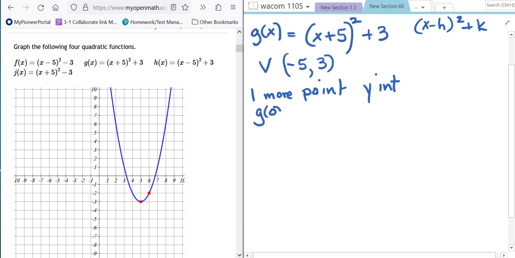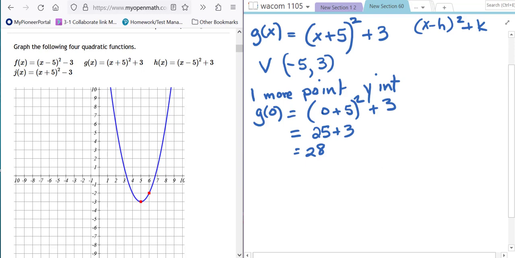So if we do g of 0 is 0 plus 5 squared plus 3, and 5 squared is 25, and this is going to be too big. So I need to get this smaller. So I'm going to pick a different value for this one. To make this smaller, I want this to go down, so I need to put a negative value in there.